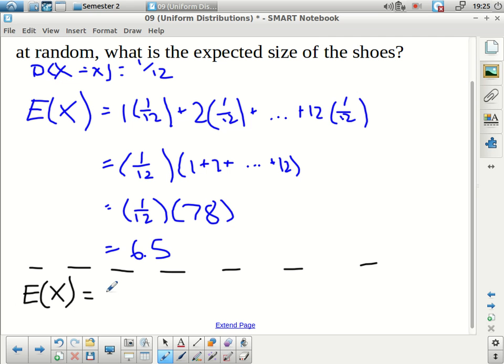The expected value of a uniform distribution is just the probability, which is always the same, times the sum of the values, which is the shortcut I took here.